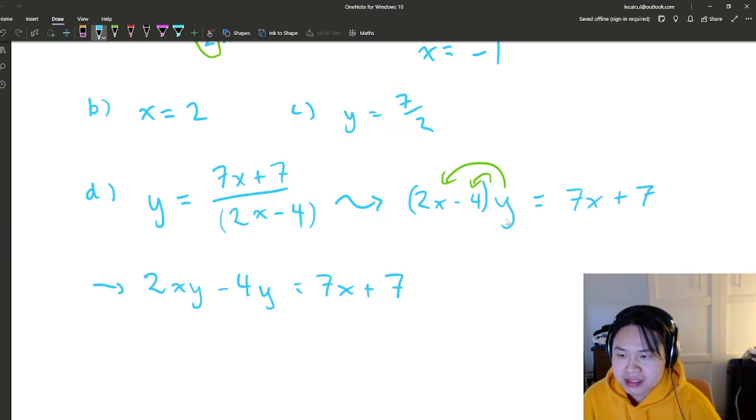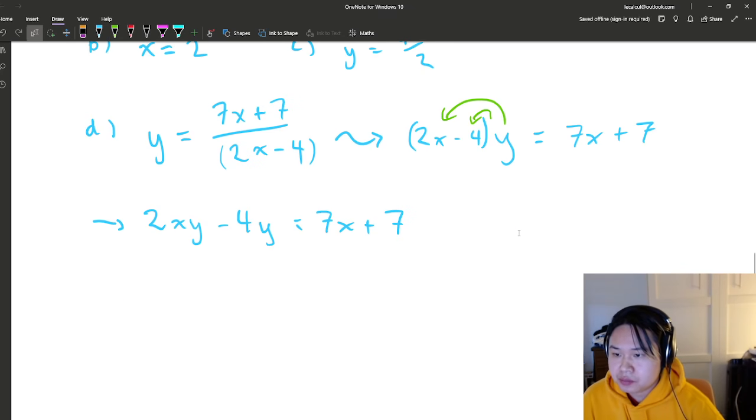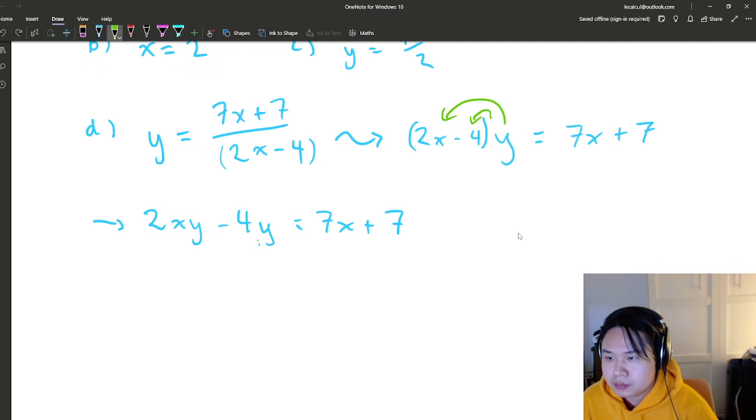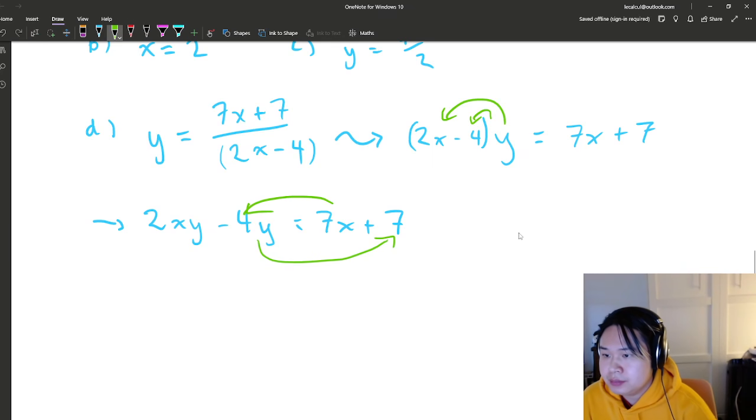And then the whole point is that I'm trying to isolate x. So I'm going to move this one over here. And then subtract this one over here. So that my x values can be together. Oh, it's kind of messy, whatever.